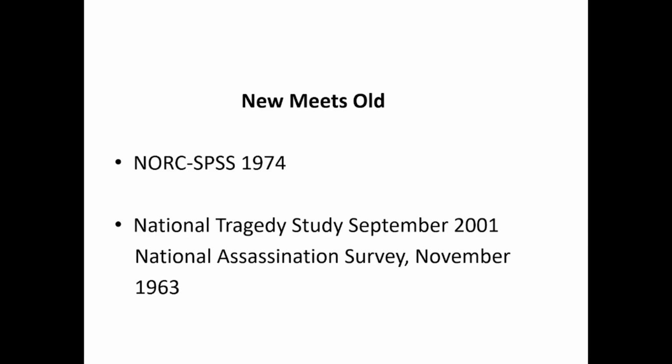The second example is the National Tragedy Study in September of 2001. This was a study we did in the immediate week after 9/11. We drew a lot of questions from previous Newark surveys, and particularly from the National Assassination Survey in November '63 after the Kennedy assassination.